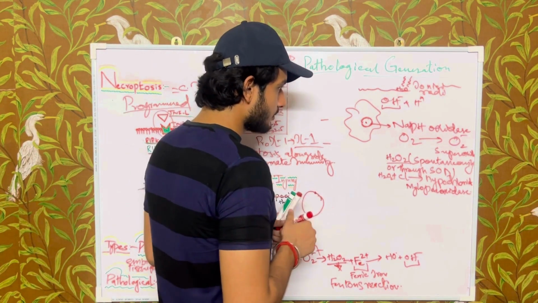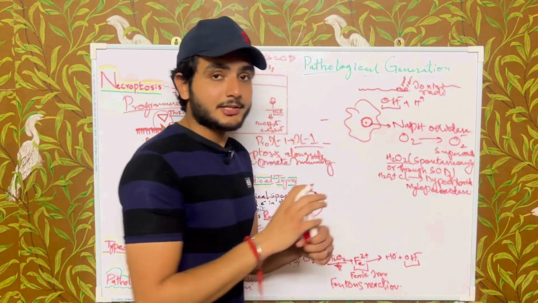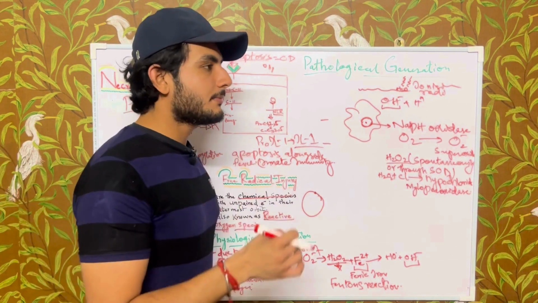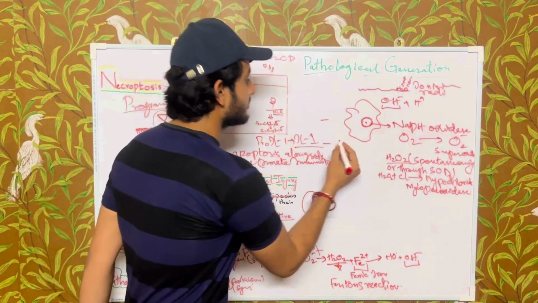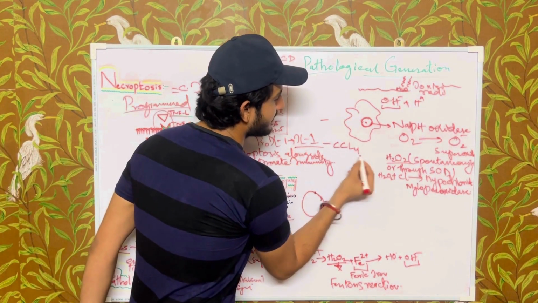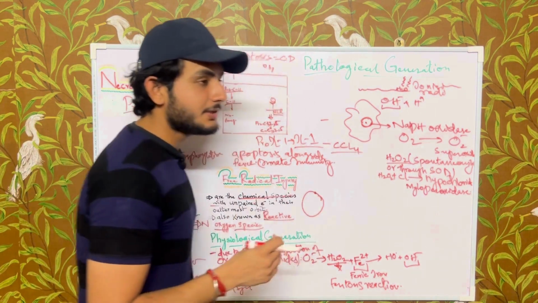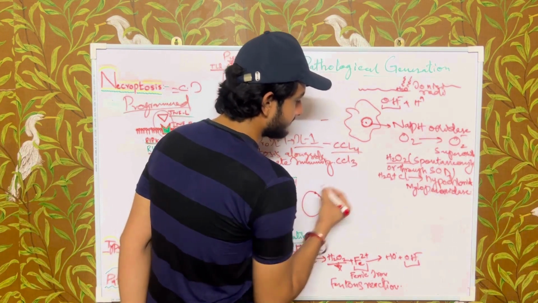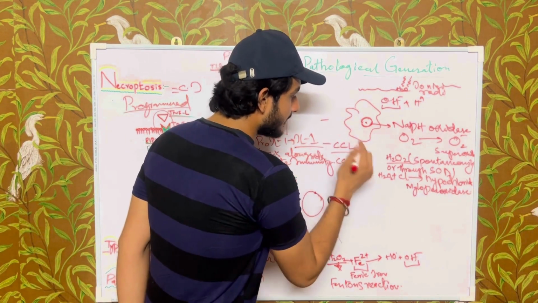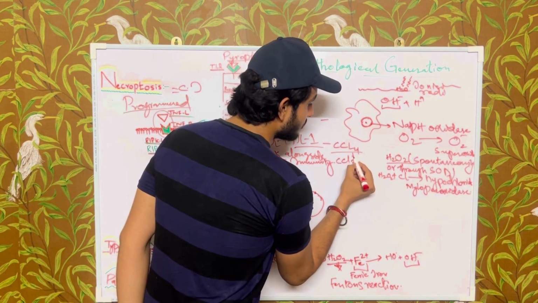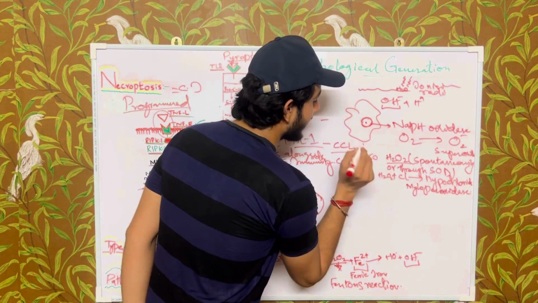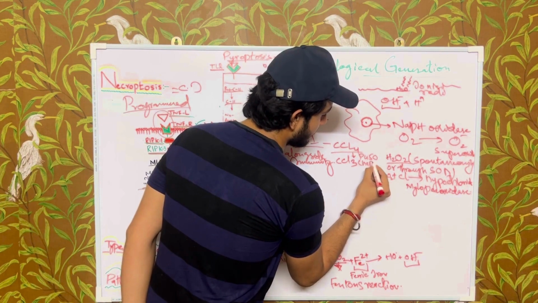Free radicals are also generated during carbon tetrachloride poisoning. What happens? This carbon tetrachloride within the liver gets metabolized into CCl3 by the P450 system of hepatocytes.